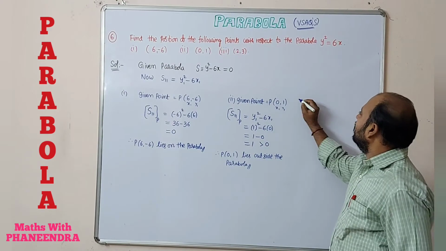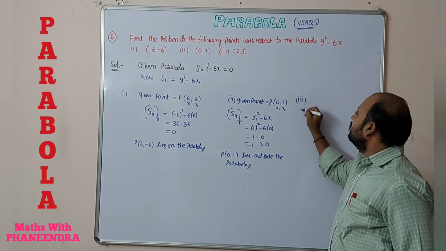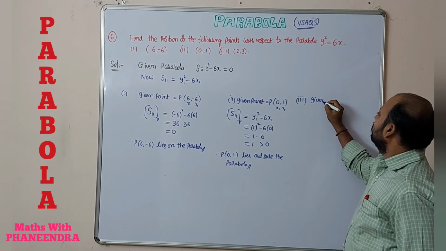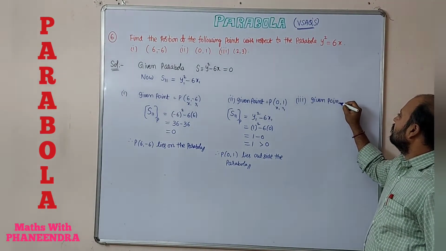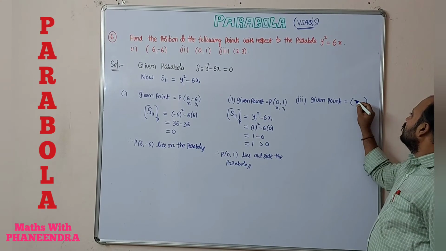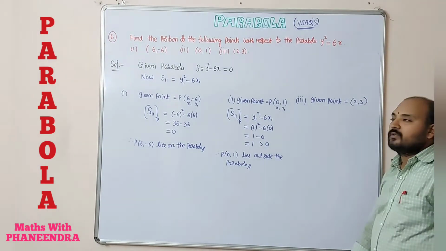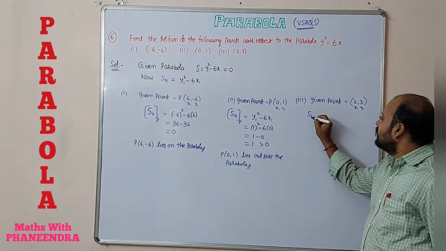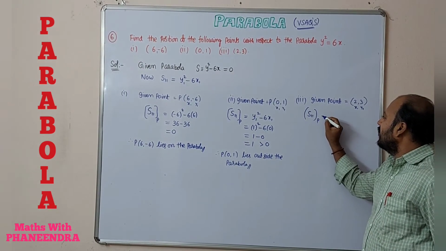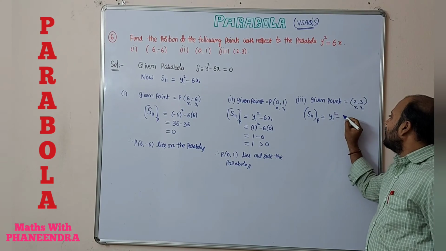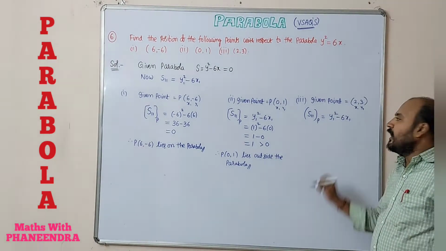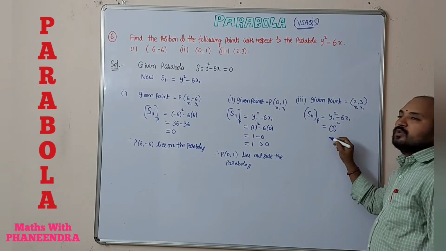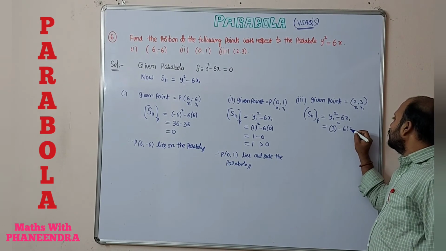Come to the last one, third point. Given point (2, 3), x1, y1. Consider S11 at the point P, y1 square minus 6x1. In place of x1, y1 substitute, so 3 square minus 6 into 2.